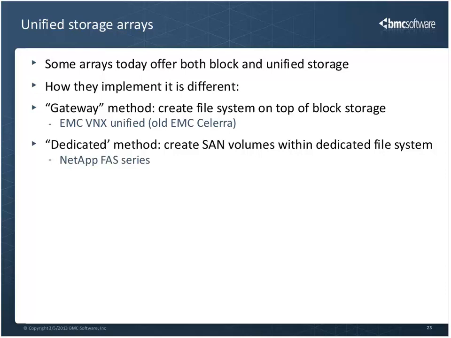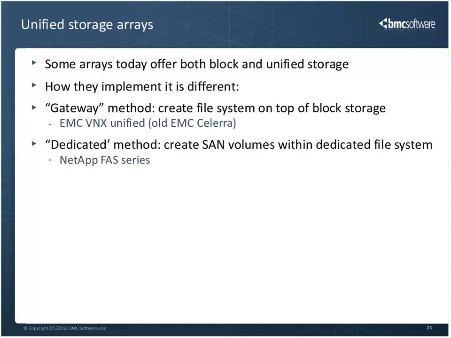There's a gateway method which says, I'm a storage vendor and I'm used to creating block arrays. I have a nice array of block arrays that I've always created. But customers are asking me for file system access. So I'm just going to write a gateway that sits between my array and the network, and I'm going to take the existing storage that I have and expose it as file system volumes using the gateway method.